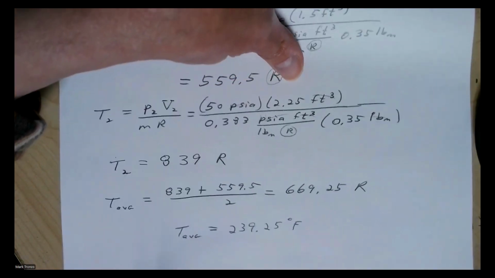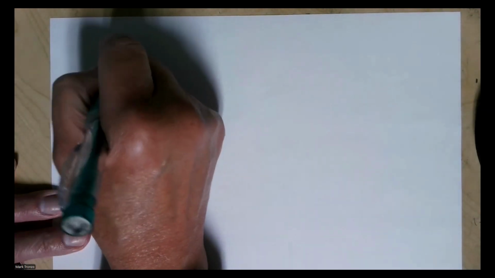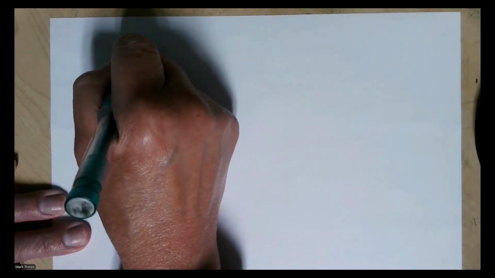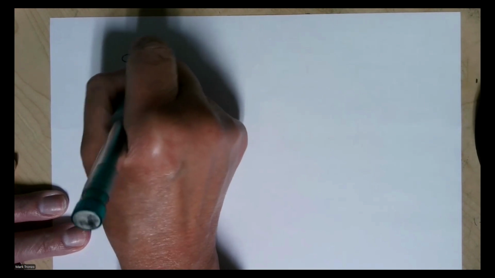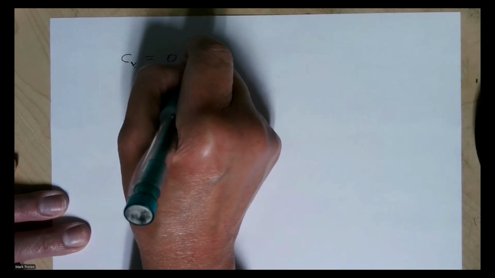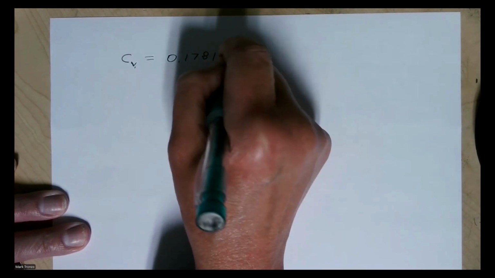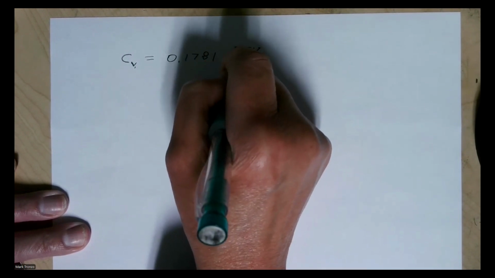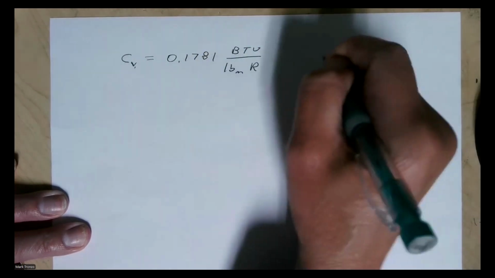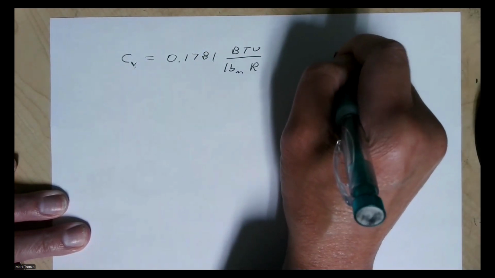And if you look up at the table, it's pretty close to 250. So again, from the table, c_v was 0.1781 BTU per pound mass R. Or in my book, this was table B8.